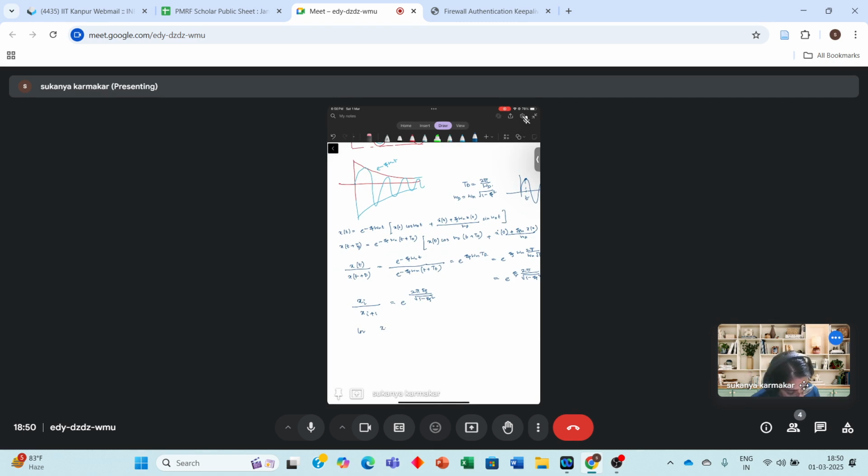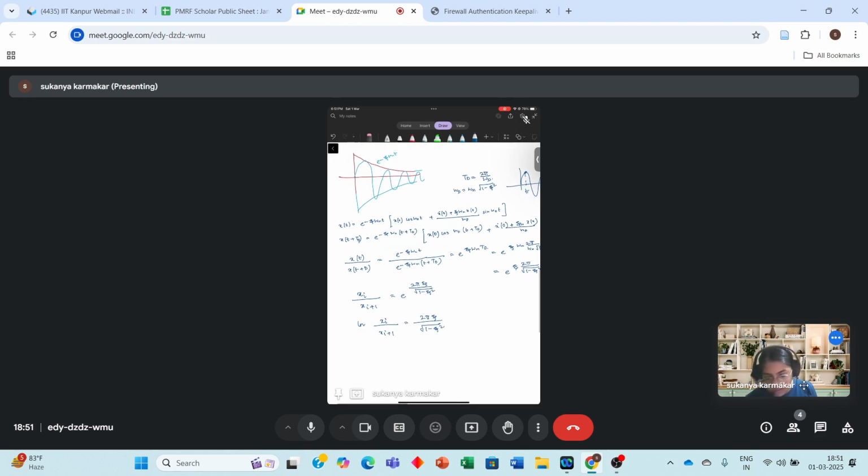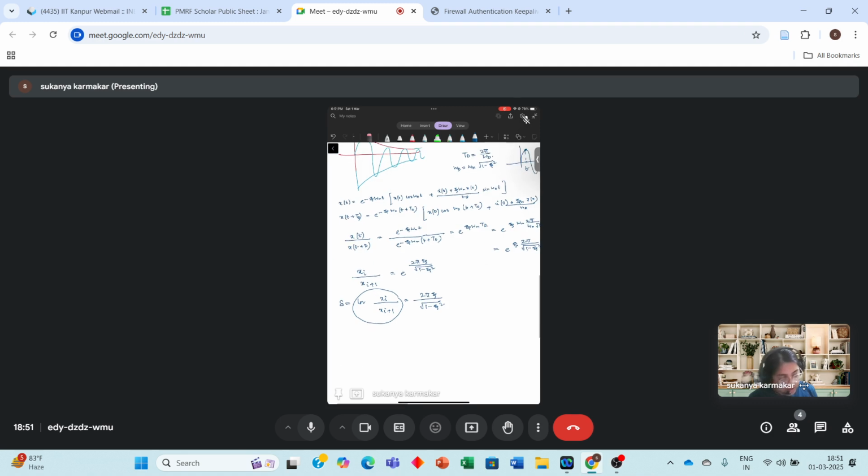So ln of xi by xi plus 1 is equal to 2 pi zeta by under root of 1 minus zeta square. And here the terminology delta has been introduced. Let's say this term is delta. And let's assume that damping zeta is extremely small. So delta is 2 pi zeta. So this is the formula which was derived.